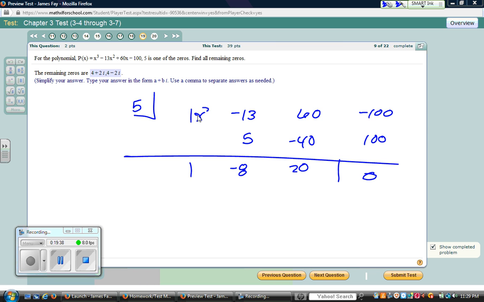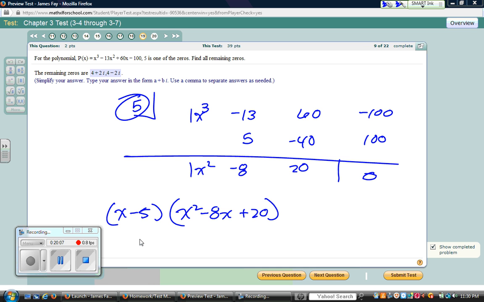So this was x cubed, this is going to be x squared, so I have x squared minus 8x plus 20. That is my depressed function. If I multiply x minus 5, which is the factor this came from, by x squared minus 8x plus 20, I'm going to get the original polynomial we started with.